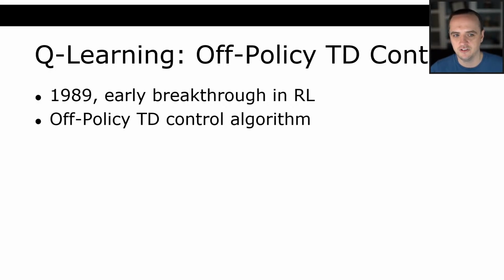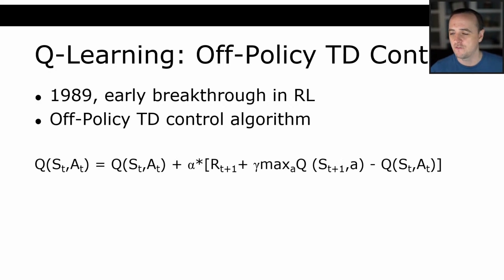It's an off-policy TD control algorithm, and it's very, very similar to SARSA, except we don't look at the next action from the next state. Instead, when we calculate the next state, we look at what we would do in that next state, but the best action there.